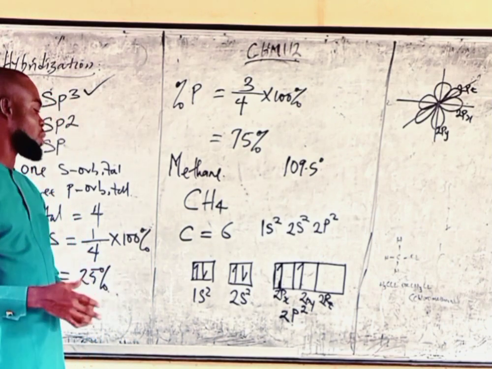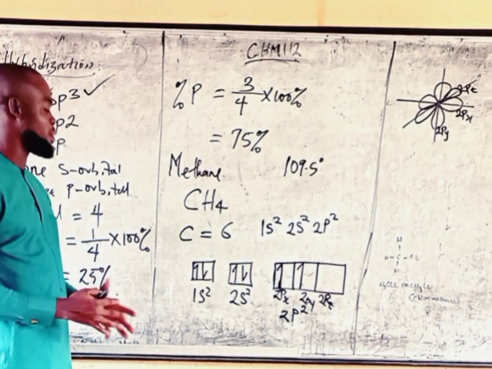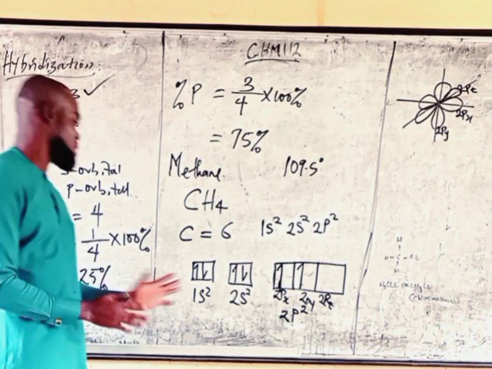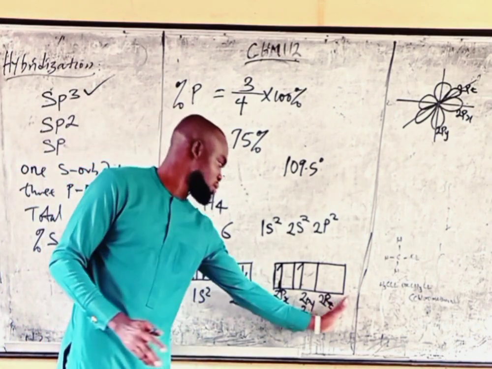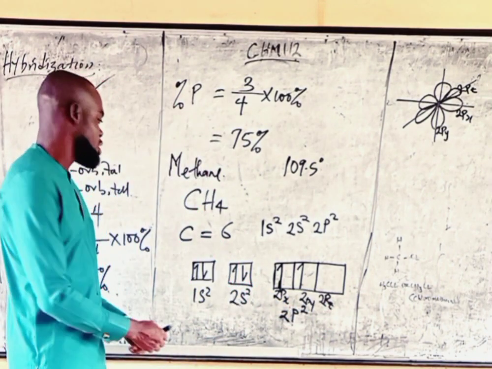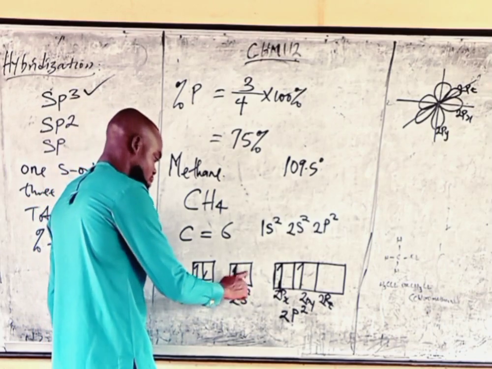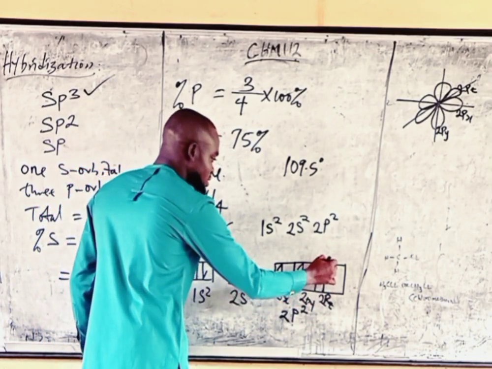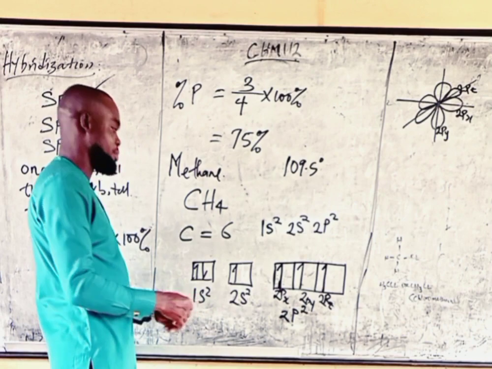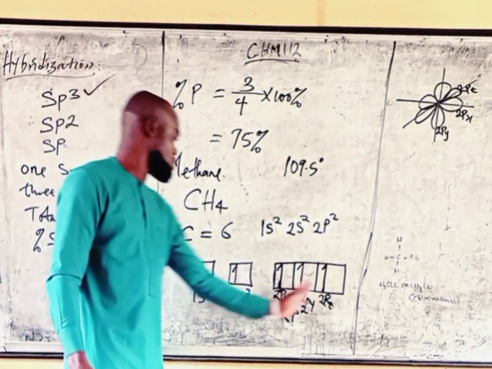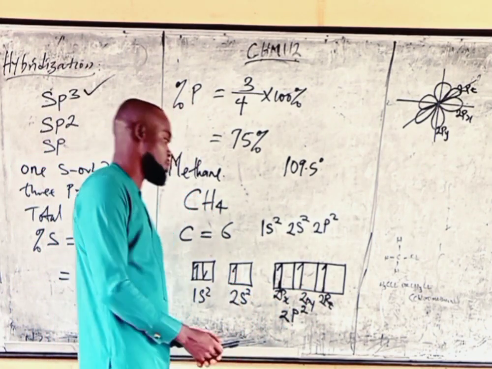Now, if we want to hybridize this, we're going to excite this carbon, in which one of the 2s electrons will fill up the remaining space of the 2p, both 2px and 2py.